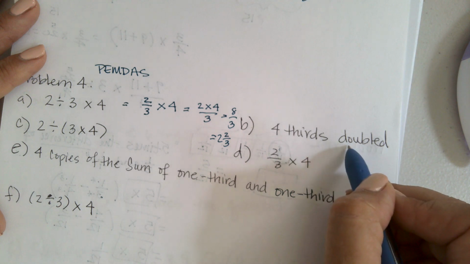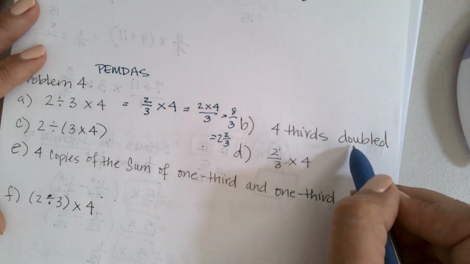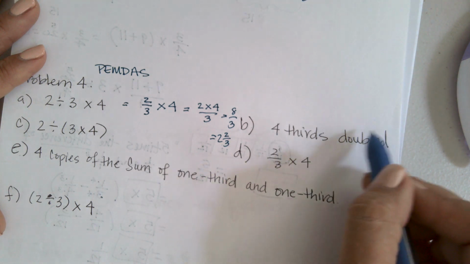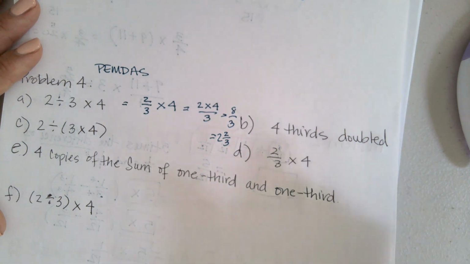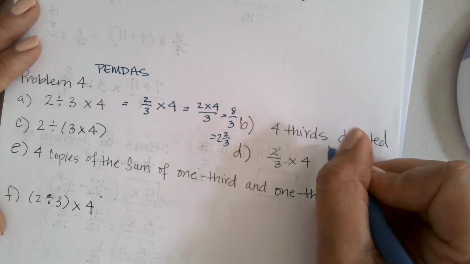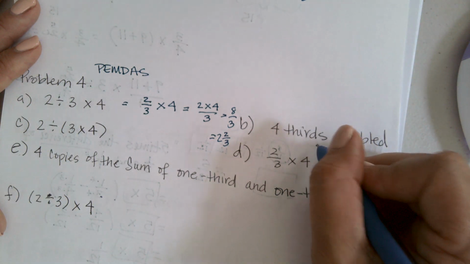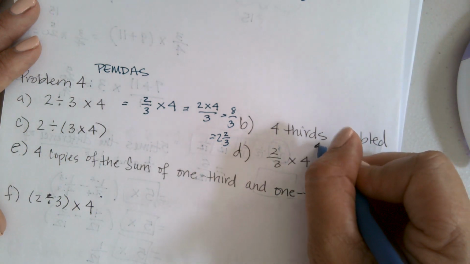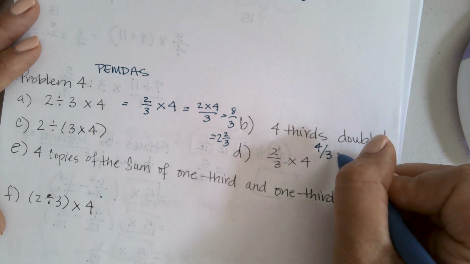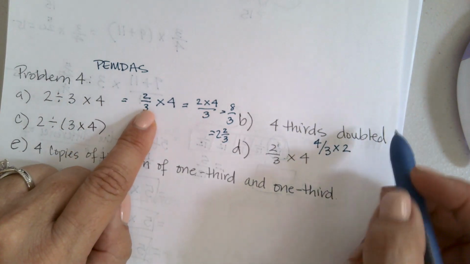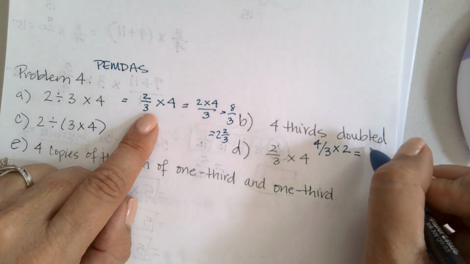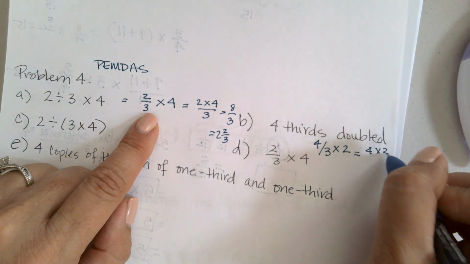4/3 doubled. What is 4/3 doubled? What does doubled mean? It means times 2, right? It's twice itself. So 4/3 times 2. Well, that kind of looks like that, doesn't it? 4 times 2 over 3.